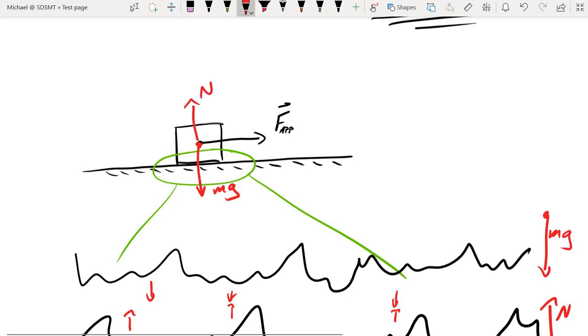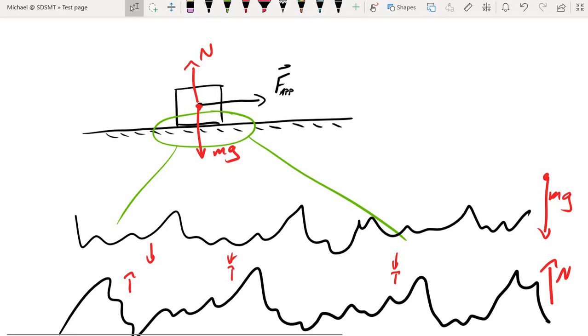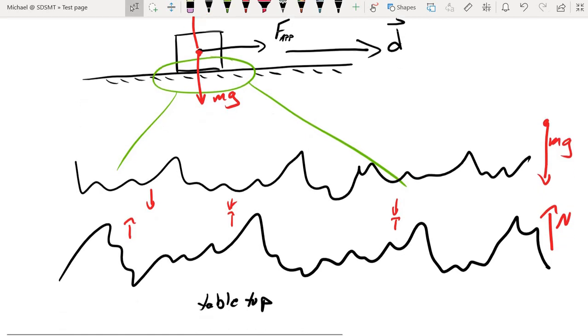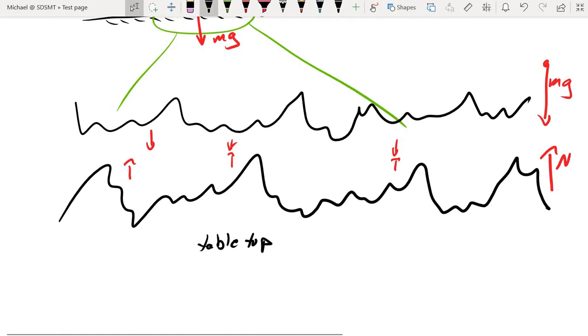But now we have this applied force that we're going to use to try and drag our mass across the tabletop. Now imagine what would happen down here if you were to try to drag these two surfaces across one another.